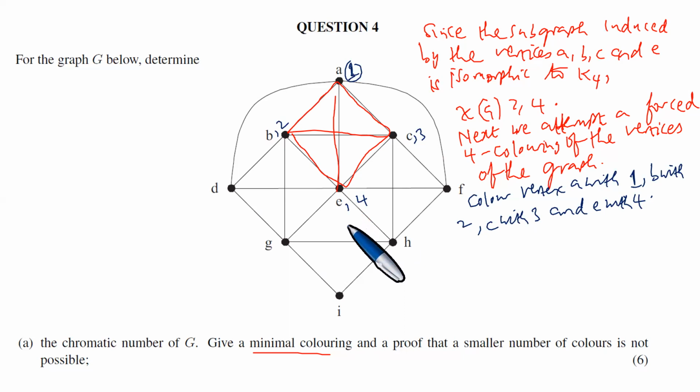Suppose we do that, because we need 4 colors because of the K4. K3 means 3 colors. So those are the things there.